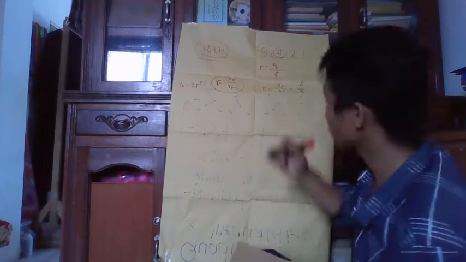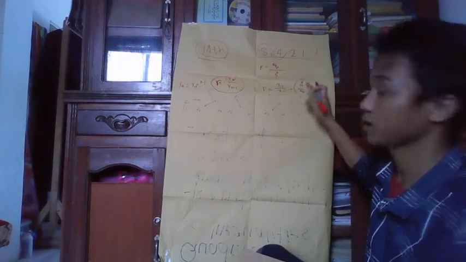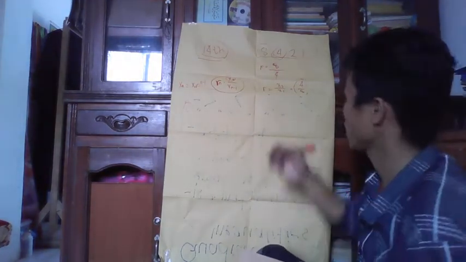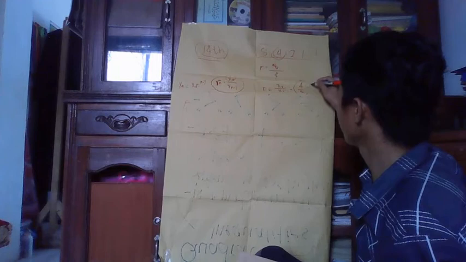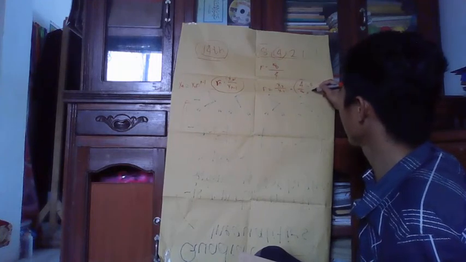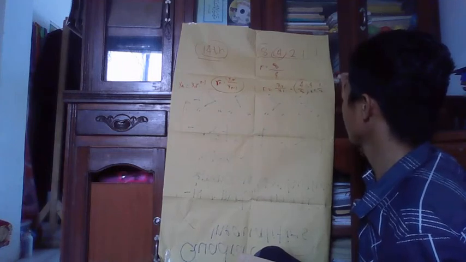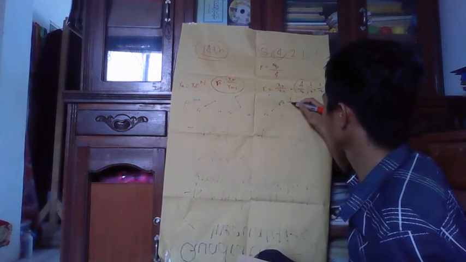So, let's simplify this. What number can divide 4 over 8? 4, right? It's possible. 4 divided by 4 and 8 divided by 4 is equal to 1/2. So, our common ratio is 1/2.